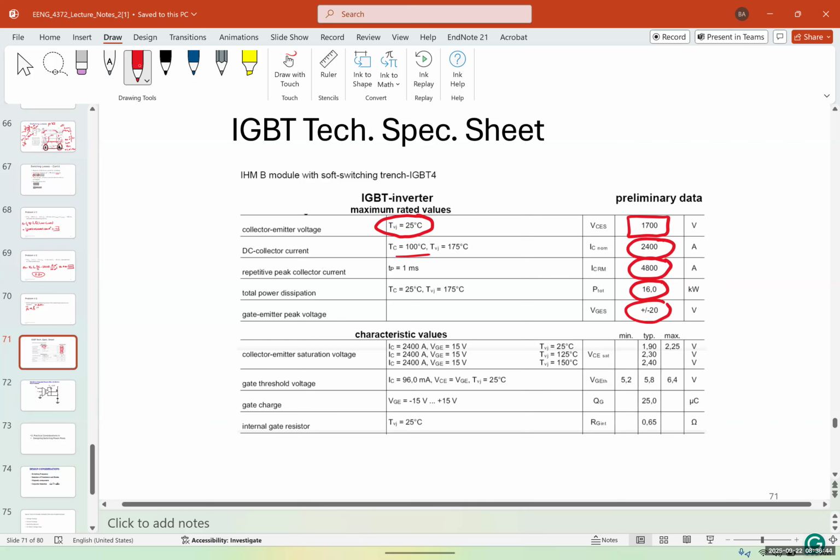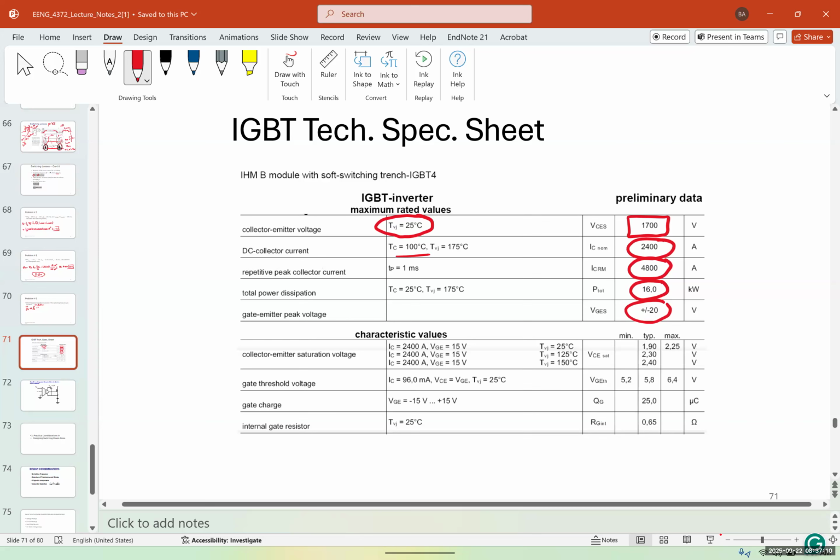And collector emitter saturation voltage, it's different from the collector emitter voltage. This is technically the reverse voltage that you have. The typical is 1.9. In different temperatures, you can see for 25 degrees, 125 degrees, and 150 degrees Celsius, it goes from 1.9 to 2.3 and 2.4.